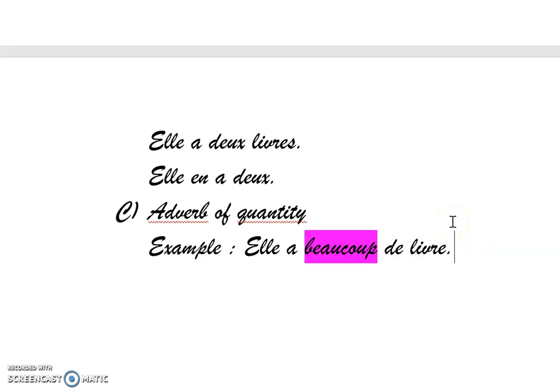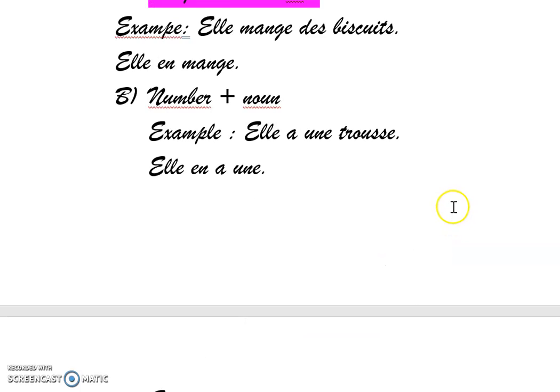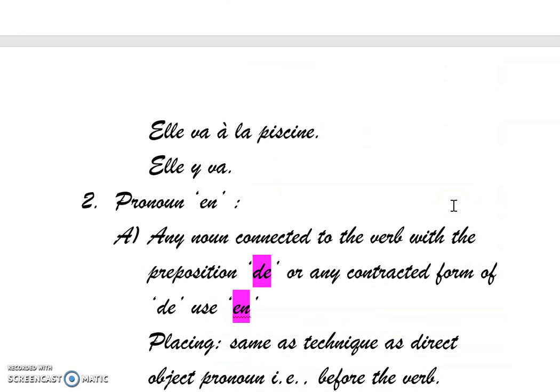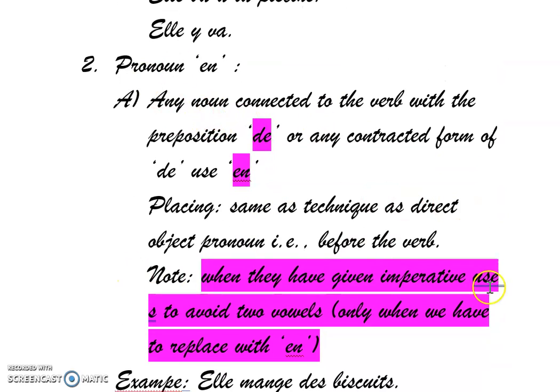So we will replace that with en, and we write beaucoup, but we will not add the. If you haven't understood this, please watch from pronoun en onwards and read what I have written, so you will know what you have to do.